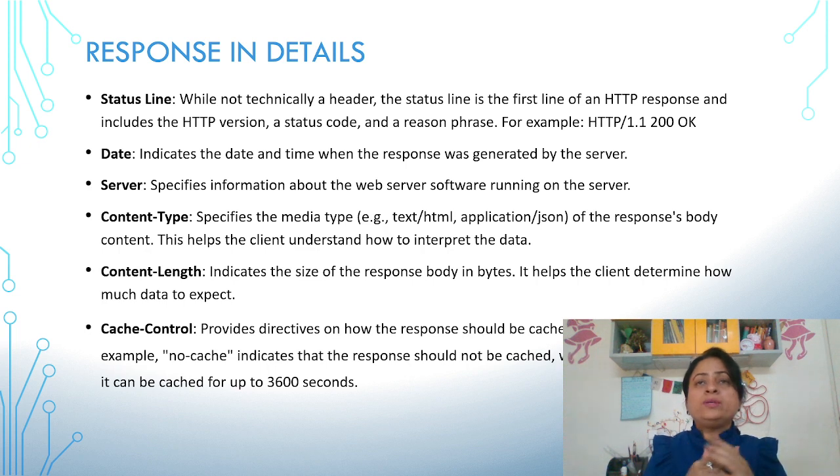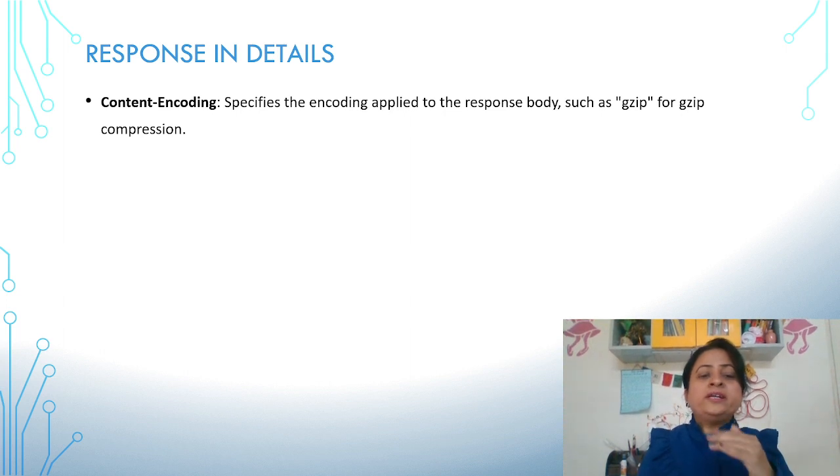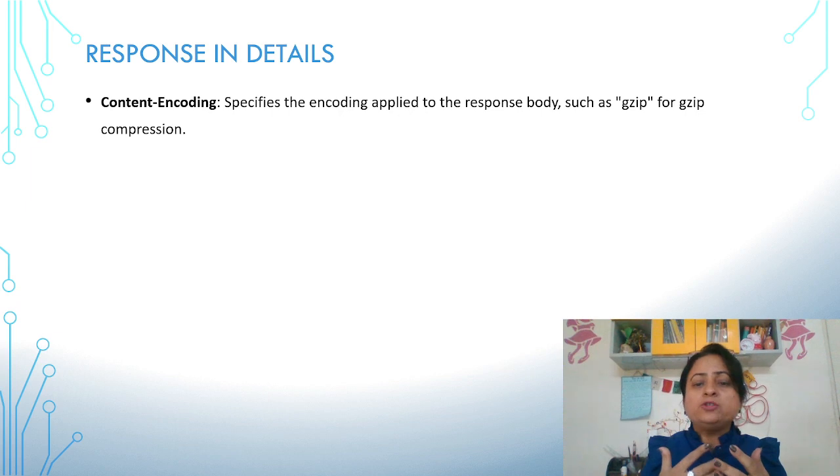Okay, so when we talk about REST APIs, we say RESTful services are not cached on the server, but at the client side we can cache it, so we can set the value from here. Now, content encoding is applied to the response body, such as gzip for compression.